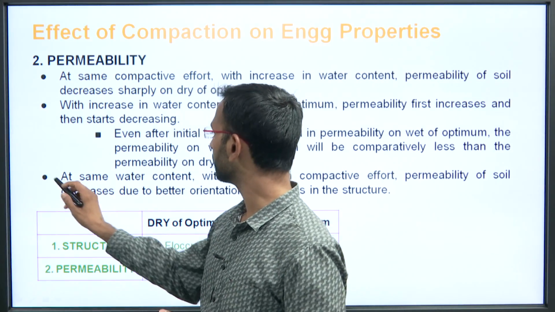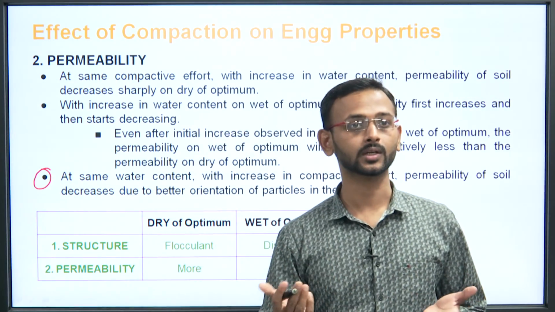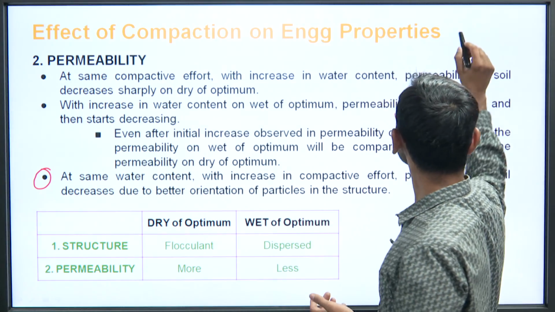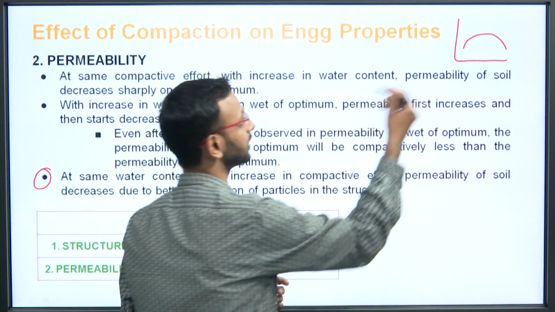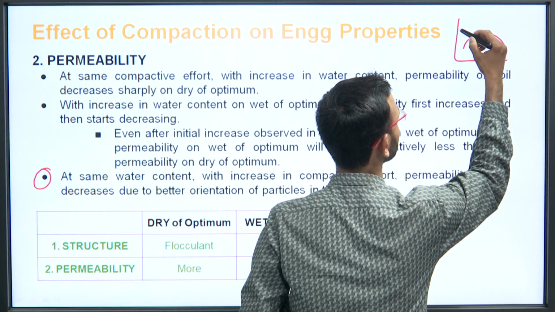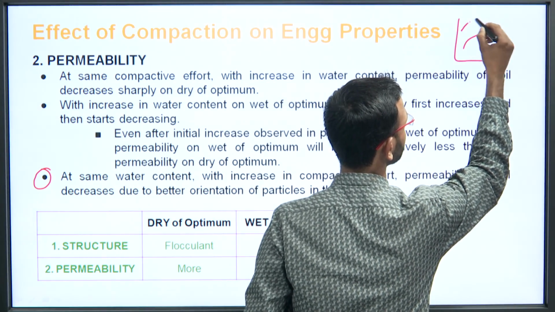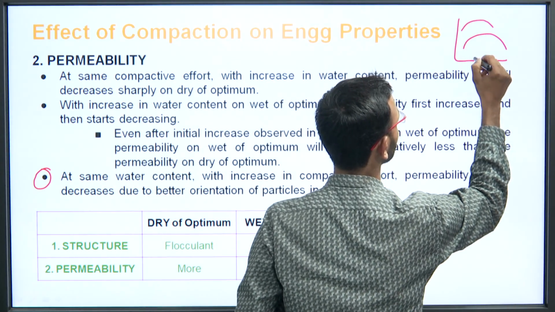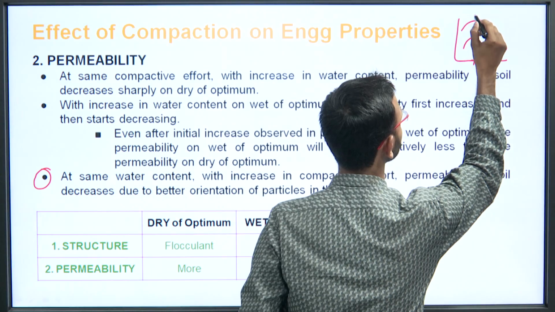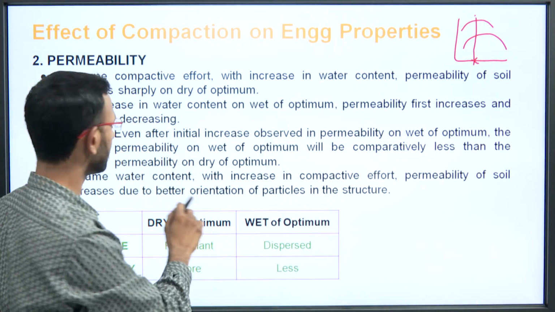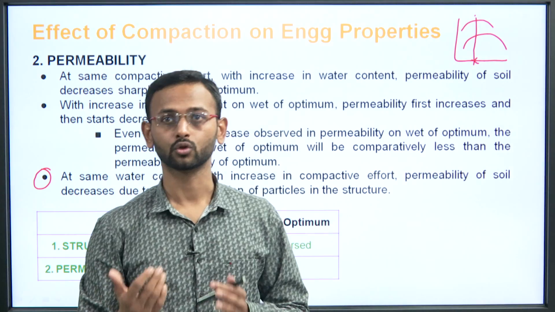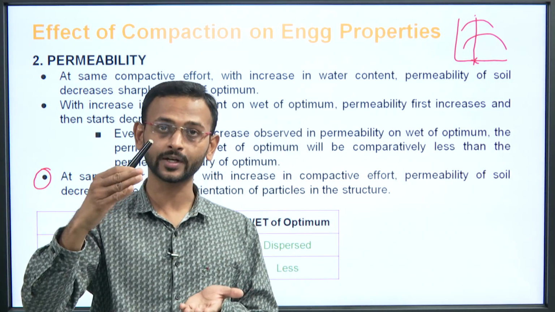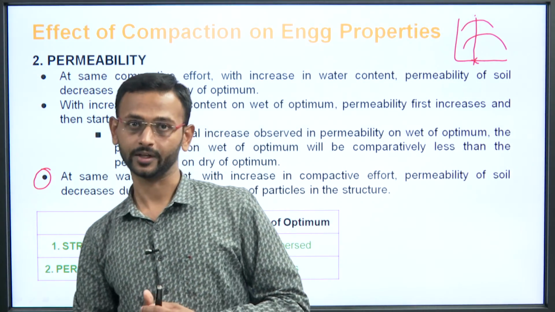If there is one compactive effort, and then your compactive effort is increased, let us say you are applying the heavy compaction test, so it comes out to be somewhat more. At this water content, this third point will be valid. So the particles will tend to get more oriented, and as the particles get more oriented, the permeability will decrease.